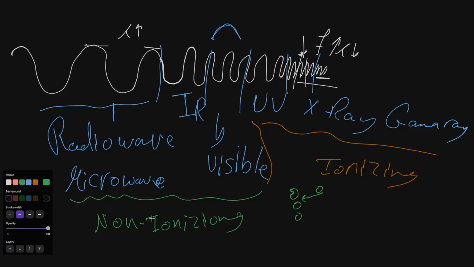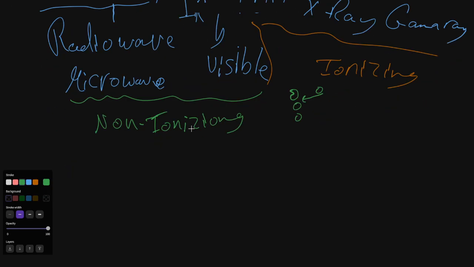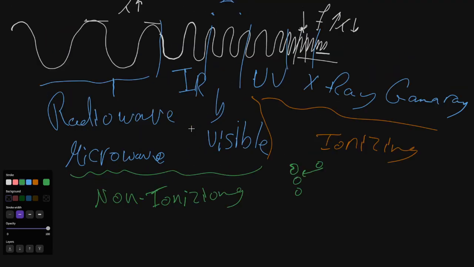We use the non-ionizing ones, the ones that do not hurt us, like the microwave, radio wave, infrared, and the visible light. Each one of these has a study and has its own personality, its own specs, its own way of interacting.